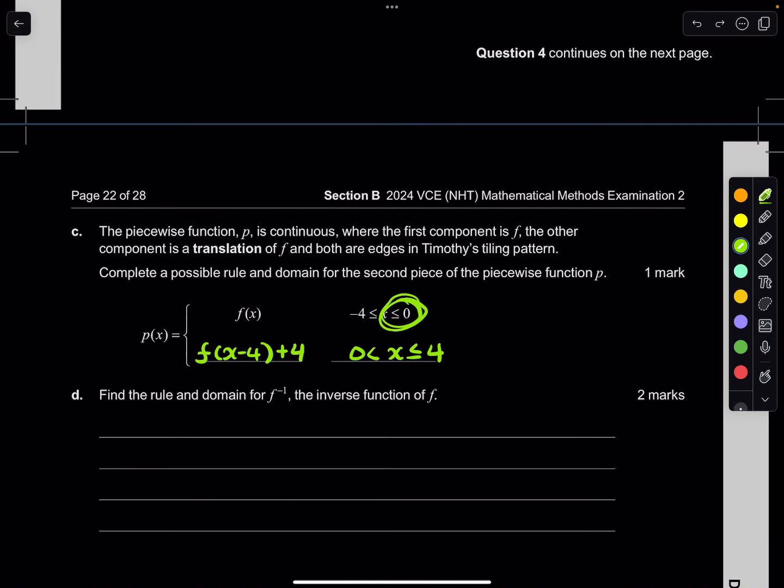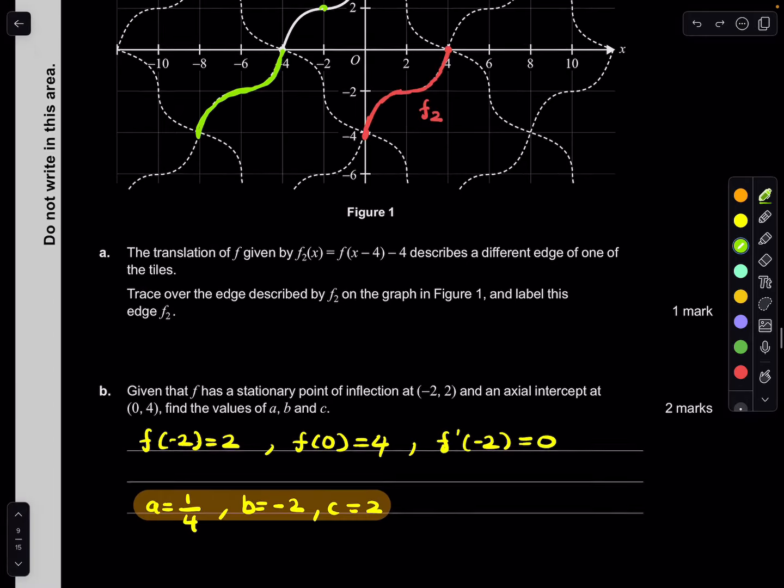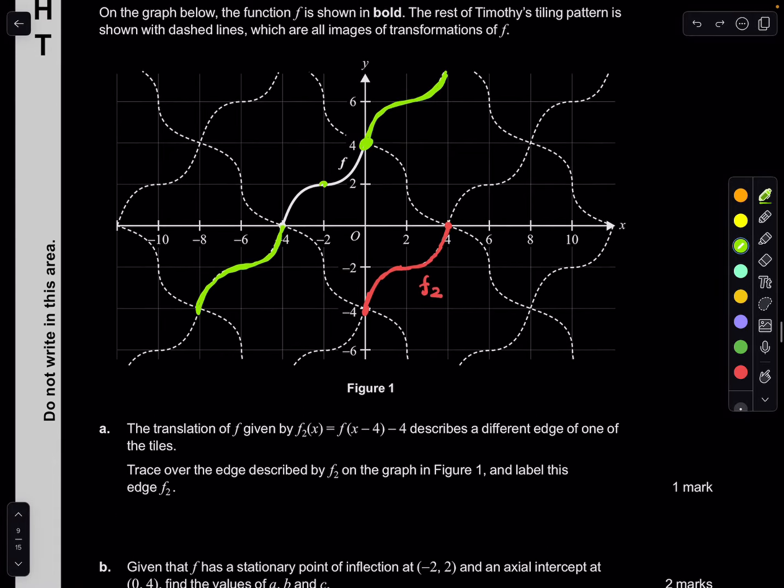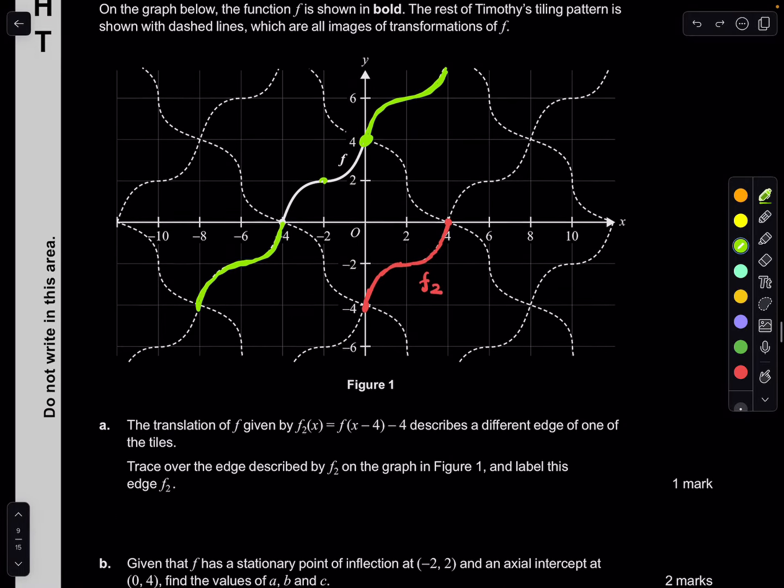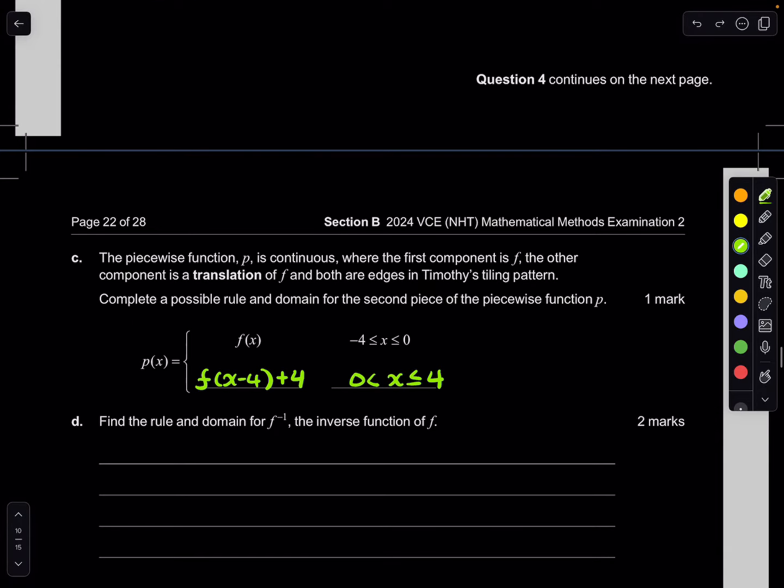Because you know how they are continuous? So it's going to be 0 less than x, less than or equal to 4. Is that right? I don't want any basic mistakes. Yeah, less than or equal to 4. Done.